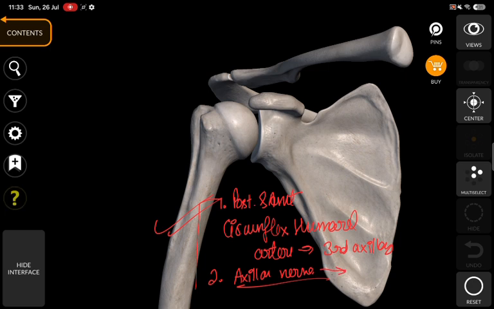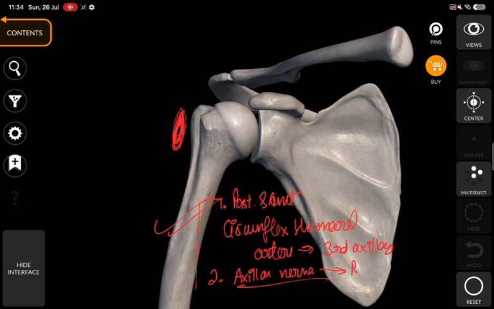Axillary nerve lesion or injury will lead to, it's not paralysis, but you lose sensation from the lateral part of your arm, and that loss of sensation is like a regimental badge sort of.